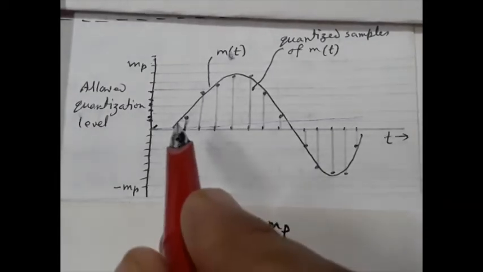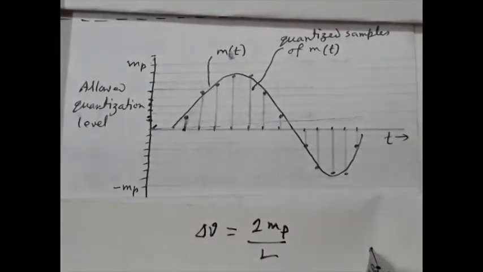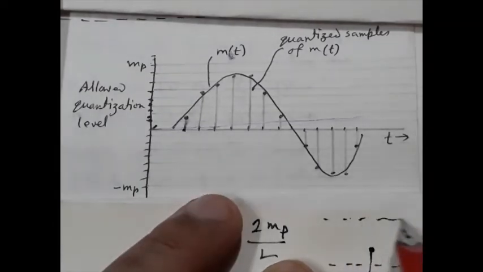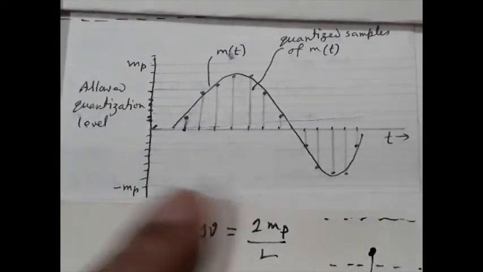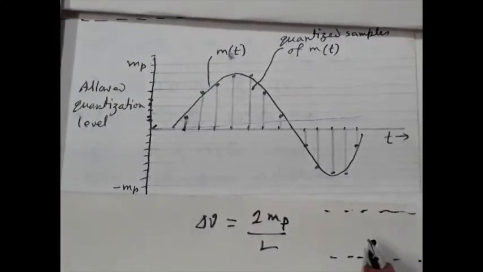Now when one sample lies within a particular sublevel, the original voltage value is say V1. But what quantizer will do, quantizer will assign the voltage level of the midpoint of this sublevel. That means the original identity of this sample will be lost.